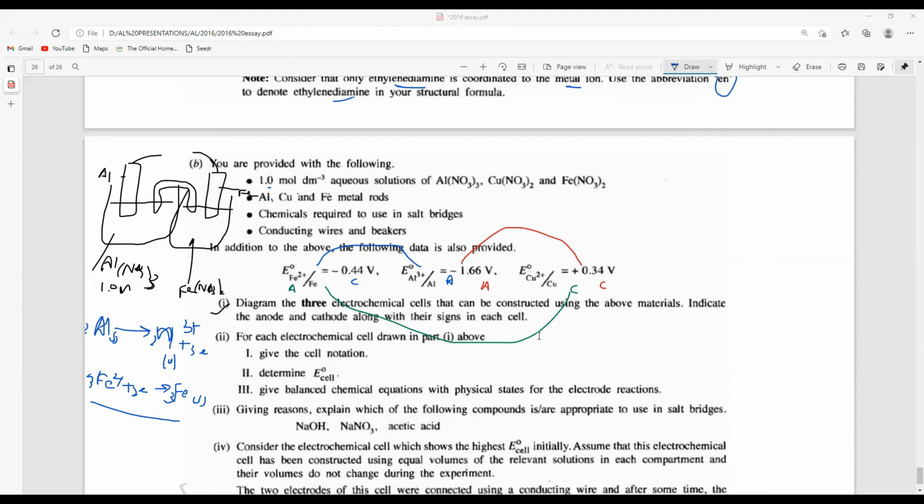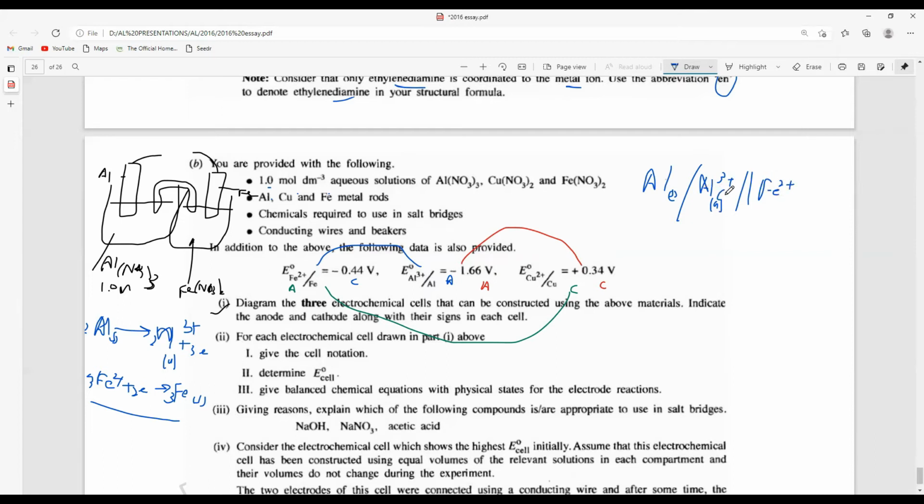It is very important to write down the cell notation very nicely, otherwise it will be a big problem. So first I will write down the anode here: aluminium solid, phase change, aluminium 3+ aqueous, then the salt bridge, and iron 2+, but don't forget aluminium 3+ aqueous.